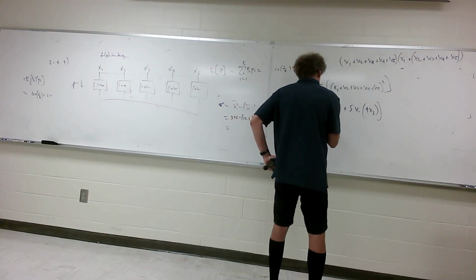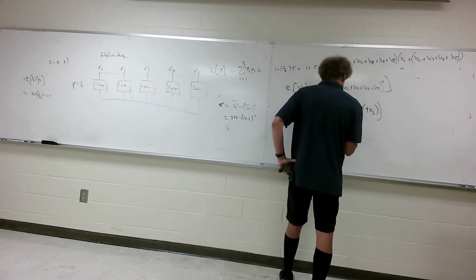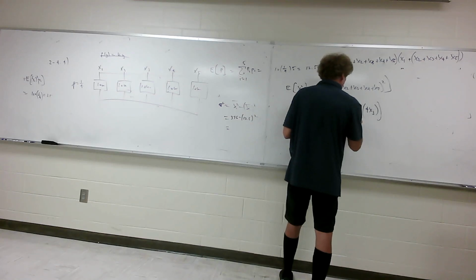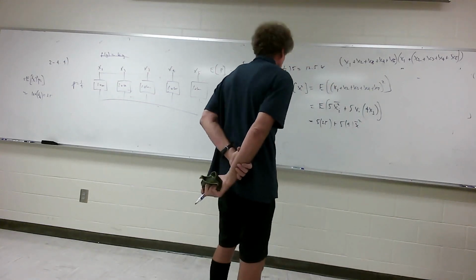So this will be 5 times 25, guaranteed, plus 5 times 4, X bar squared.